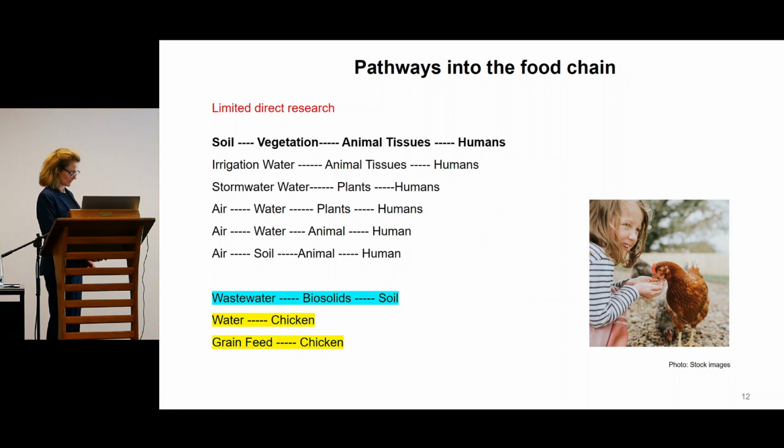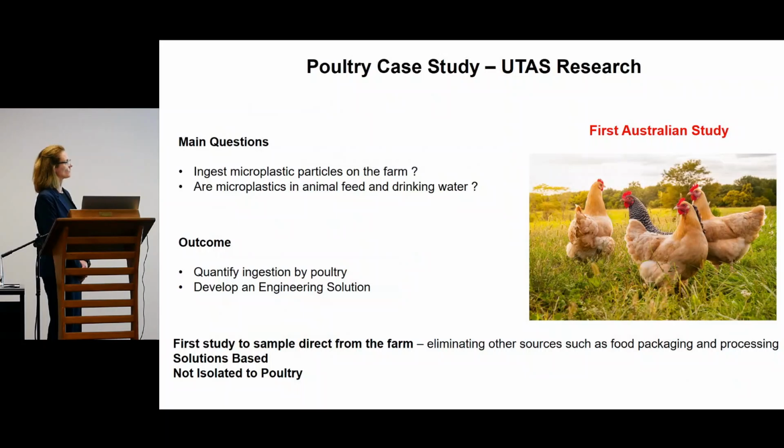So that then leads me to discuss my case study, which is my research. The main questions with my research are, do poultry birds ingest microplastic particles on the farm, and is animal feed and drinking water a source of microplastics for chickens?